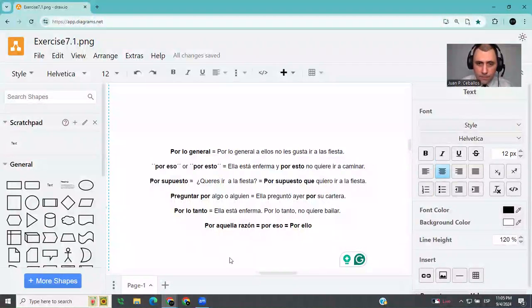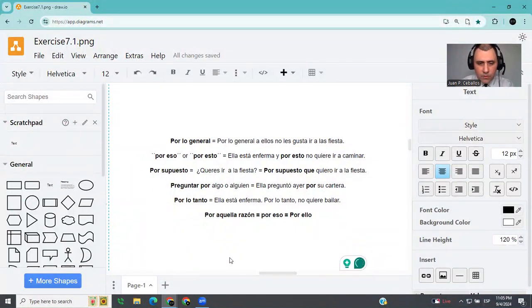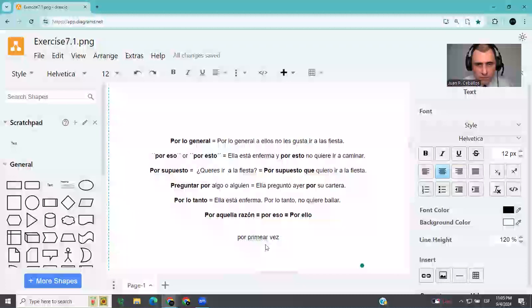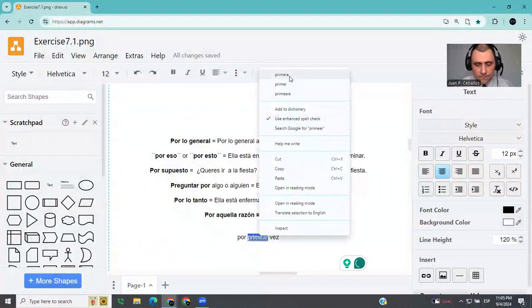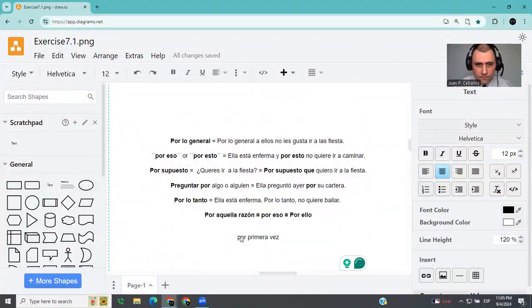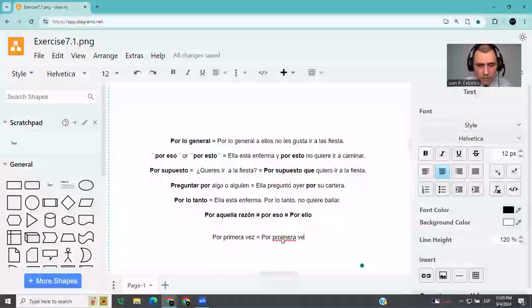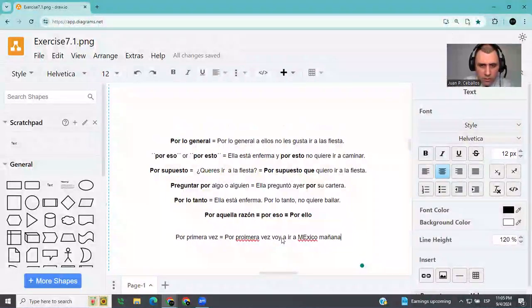Another thing that is important to know is this. Por primera vez. And I'm going to give you an example. Por primera vez voy a ir a México mañana.